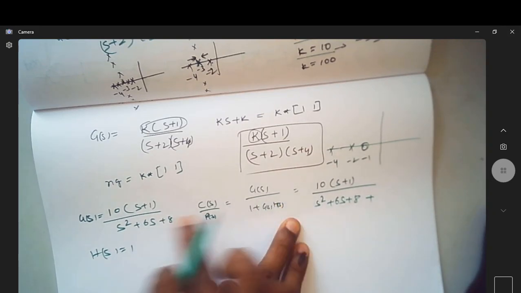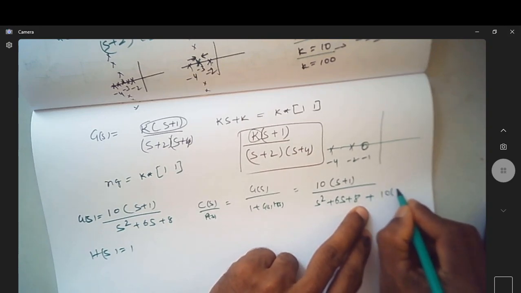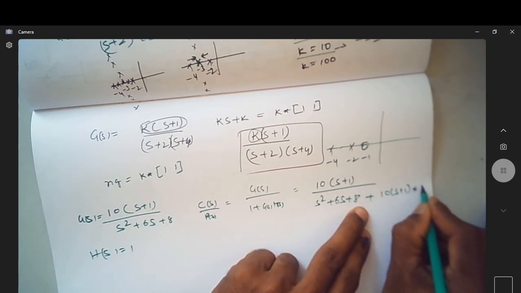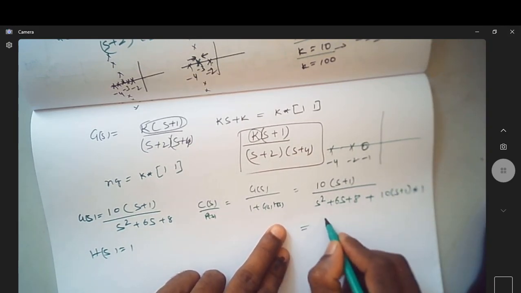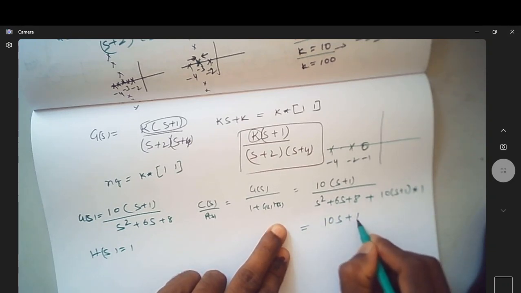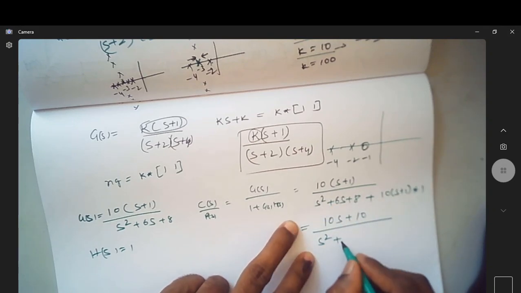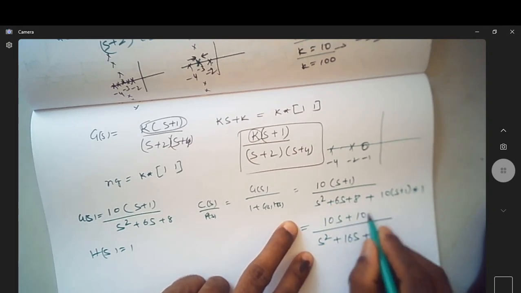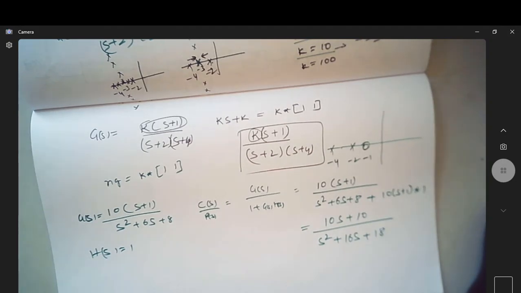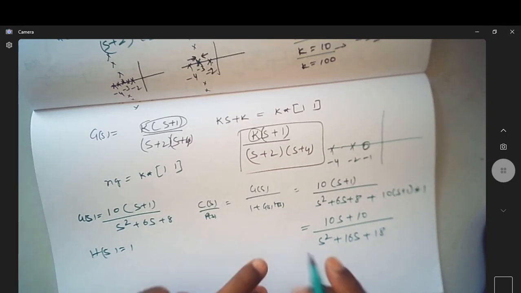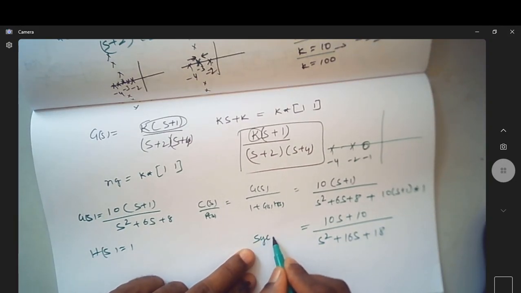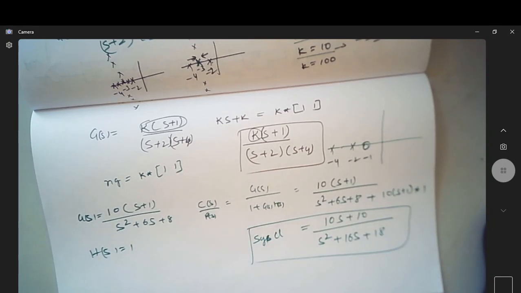Of course the numerator of G(s) is 10 into s plus 1, and H(s) is 1. So this becomes the numerator over s square plus 6 plus 10, 16s plus 18. This will be my transfer function. This is the closed loop system.